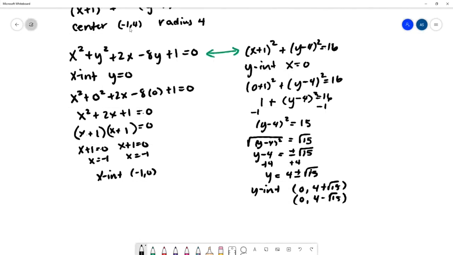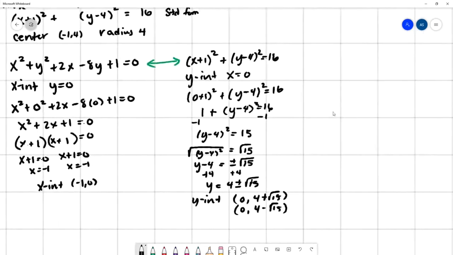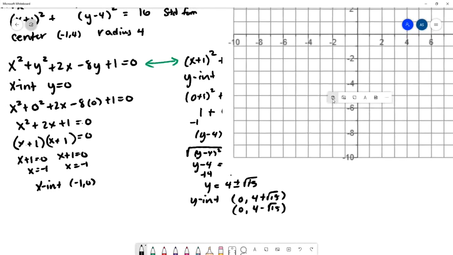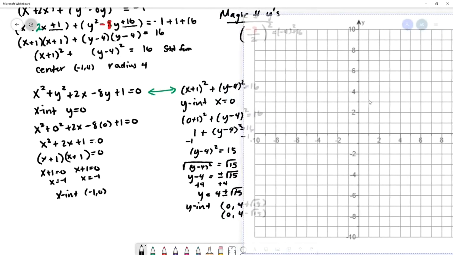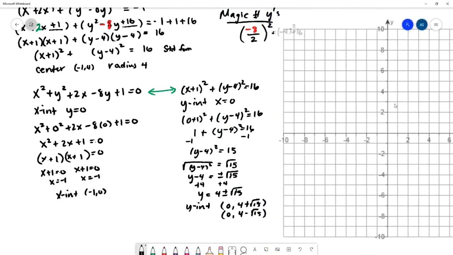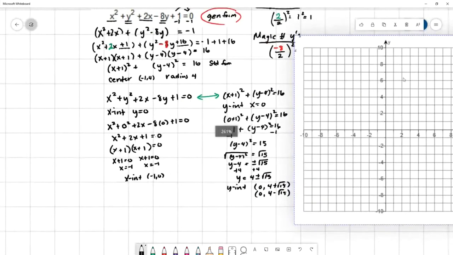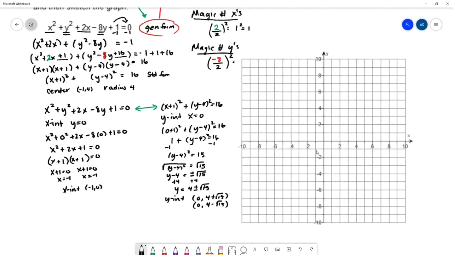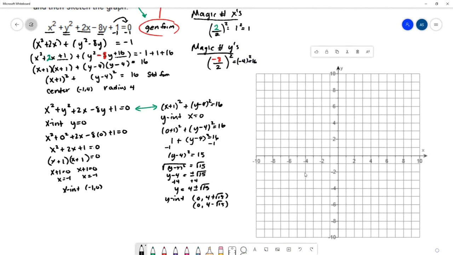We know that the circle has a center of negative 1, 4, and a radius of 4. So I'm going to plot that center of negative 1, 4.